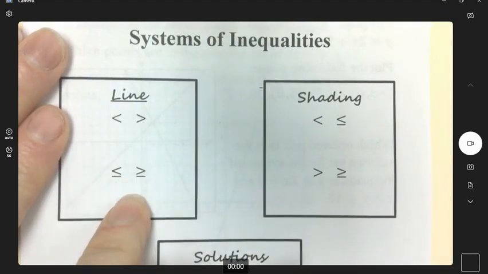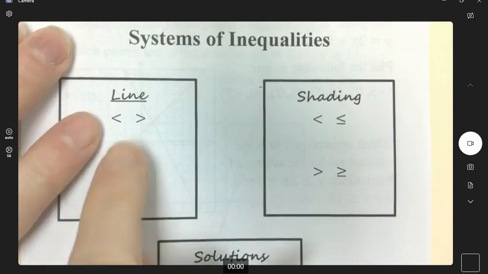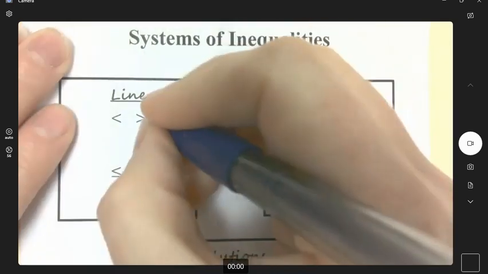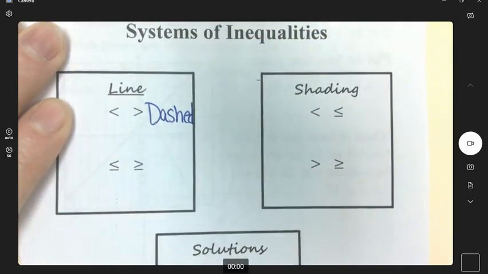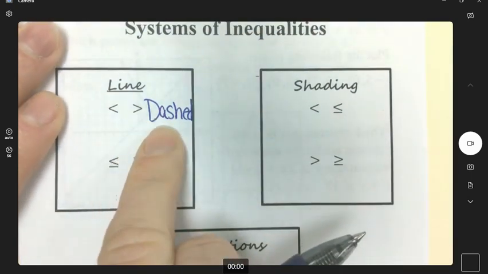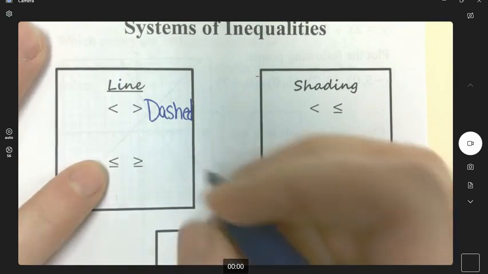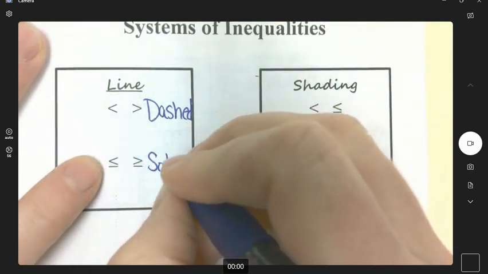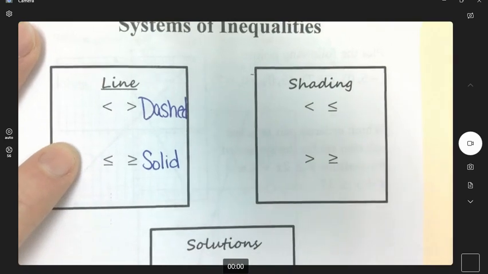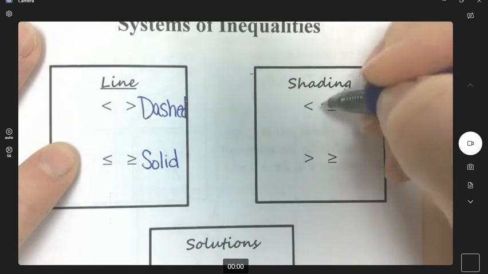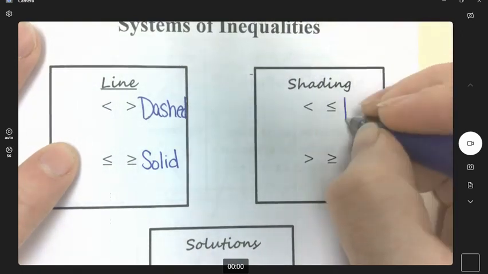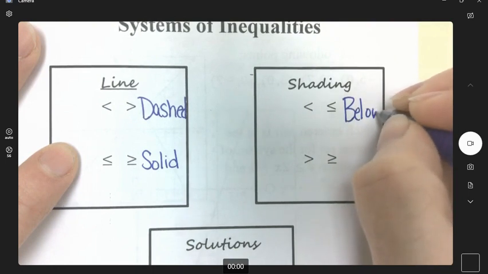First thing is the line being solid or dashed. If it doesn't have the "or equal to," it is a dashed line. We're going to dash the line. If it's "or equal to," we are going to draw a solid line. And then less than or equal to, less means we're going to shade below.